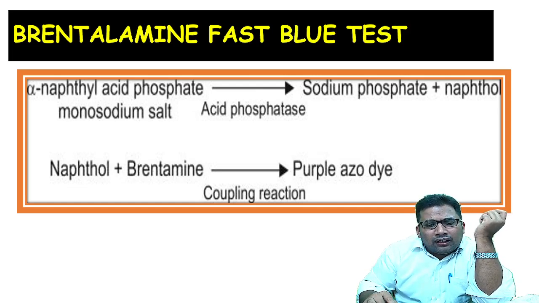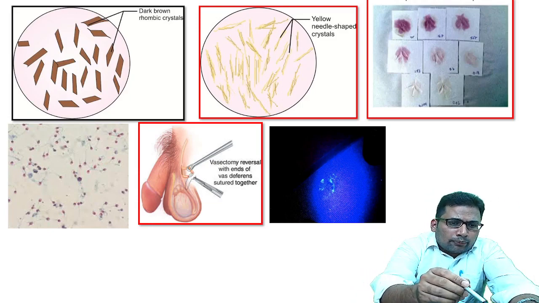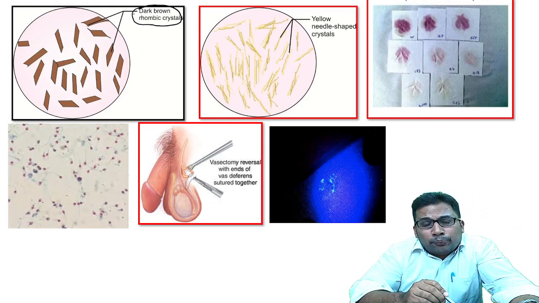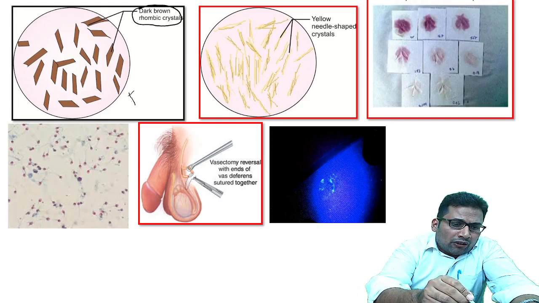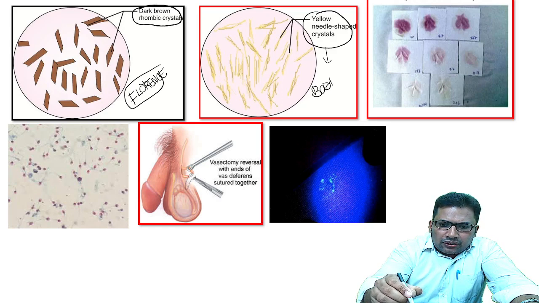So in Brentalamine fast blue test, naphthol Brentalamine that forms purple color. So that is also one test for the seminal stain. You can see here, this is the dark brown rhombic crystals. So whenever question asked about dark brown rhombic crystal, your answer should be Florence test. Whenever question about yellow needle shaped crystals, Barberio test.